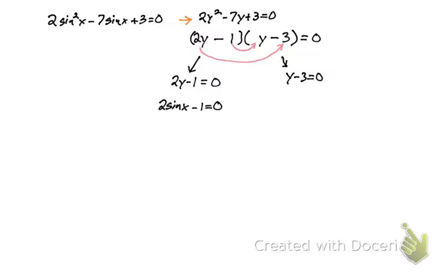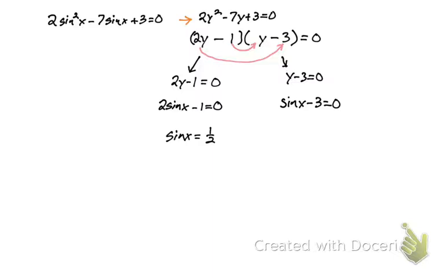And the other one would be sine x minus 3 equals 0. Now we can solve for these. Now we can get sine x isolated. So for the first one, I would add 1 to both sides, and then I would divide by 2. So that first one we're looking at where sine x equals 1/2. Once again, that's adding 1, divide by 2.